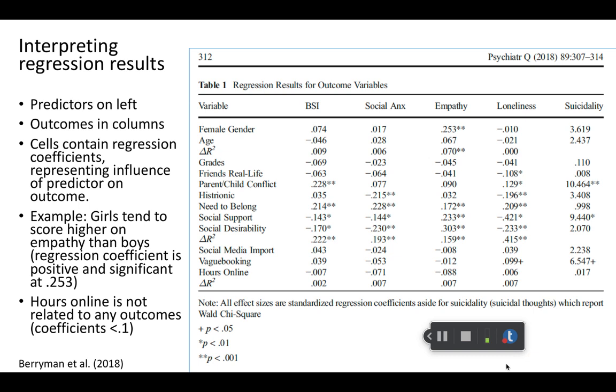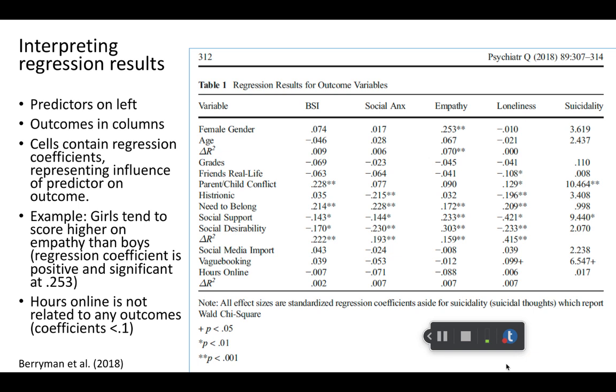So under the column labeled variable, you see several predictors. Female gender is a dichotomous variable indicating whether the person is female or not. Age is a continuous variable measured in years. Grades in school, another continuous variable.